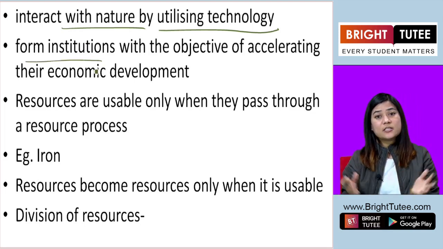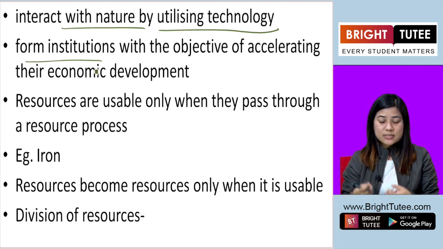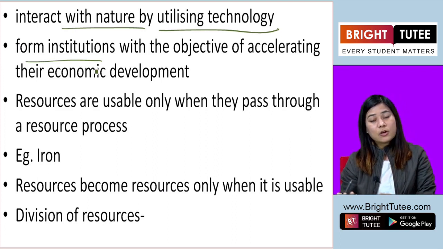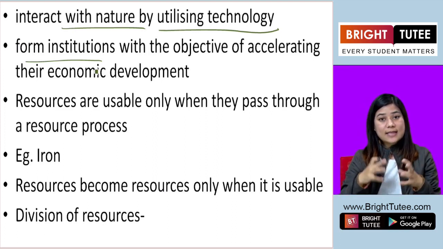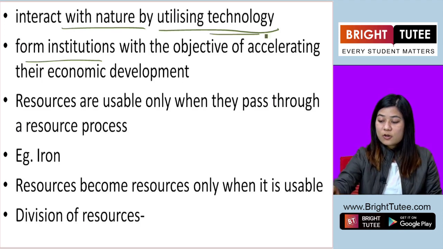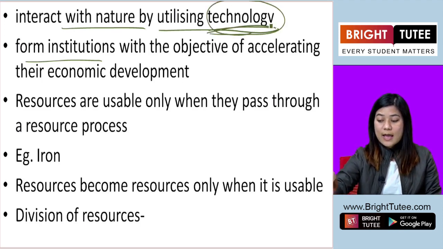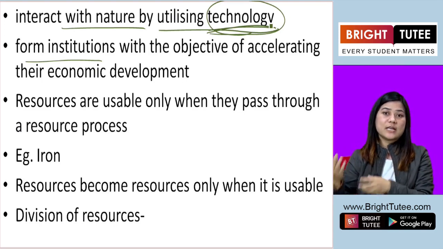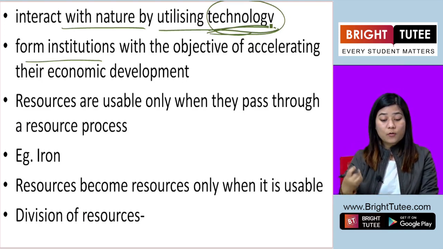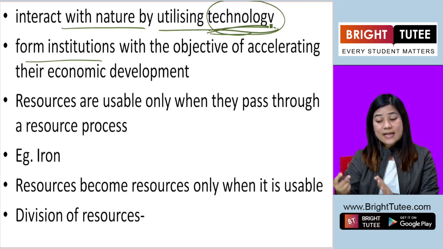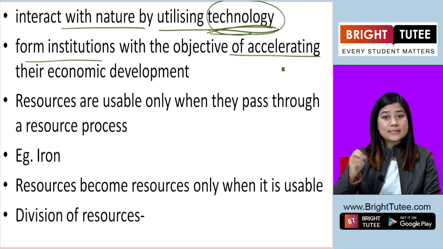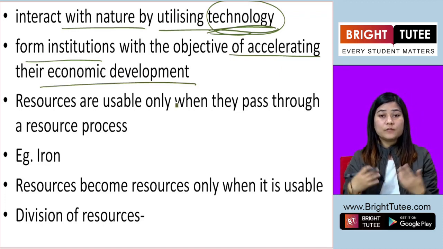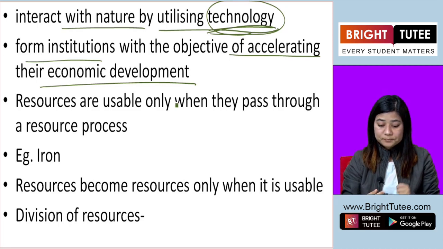These institutions are set up, like research institutes, colleges, universities, and that leads to technological development. That technological development leads to proper utilization and management of the resources, and that ultimately accelerates the economic development of the country or of the communities in the world.